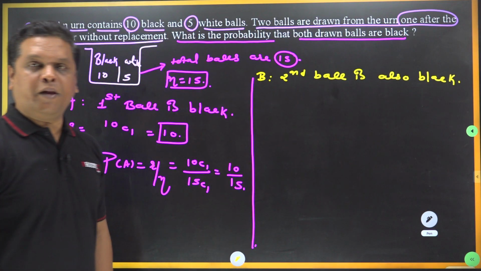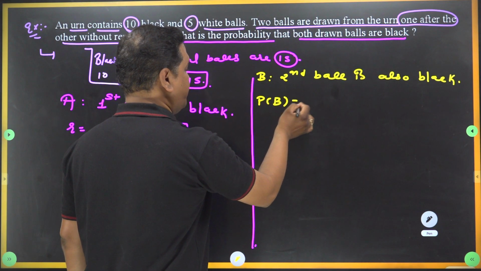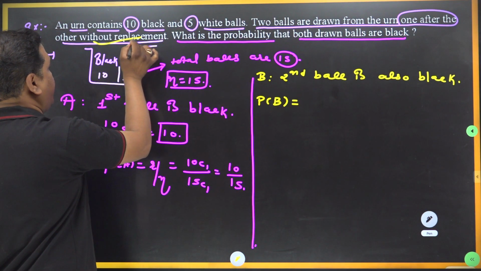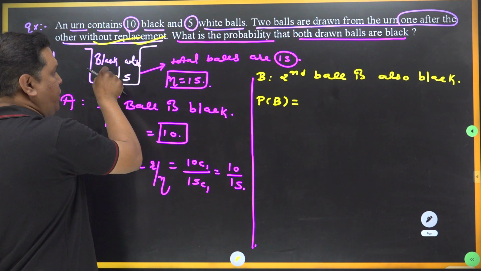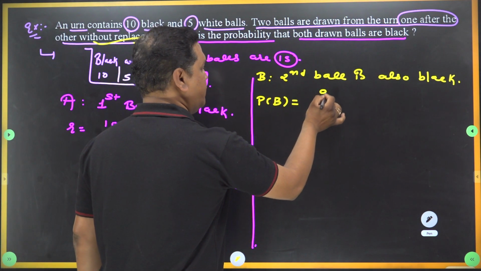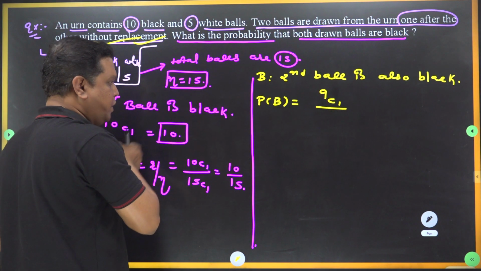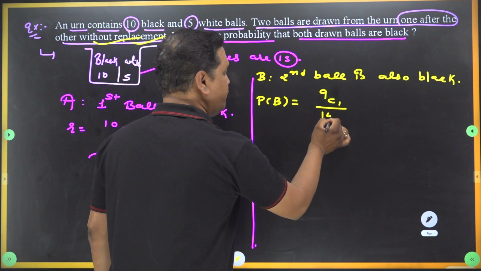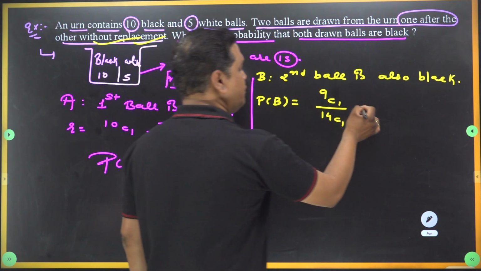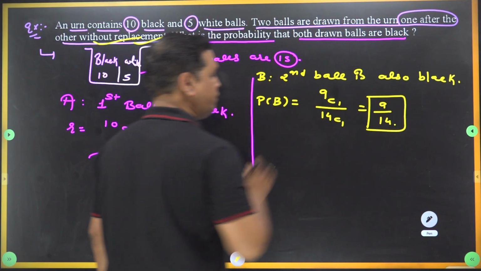So now P of B, without replacement. So already one black ball is picked. So now remaining are 9 black balls. From the total balls also one ball is already selected, 14 C1. So answer is 9 by 14.